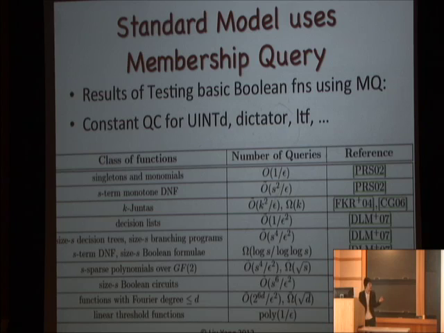There has been work on testing various families of Boolean functions over the n-dimensional Boolean cube using membership queries. This table gives the results for testing these basic Boolean function families. Interestingly, we see that for all these families, the query complexity of the algorithms is independent of dimensionality n, whereas learning those function classes under the uniform distribution has dependence on n.